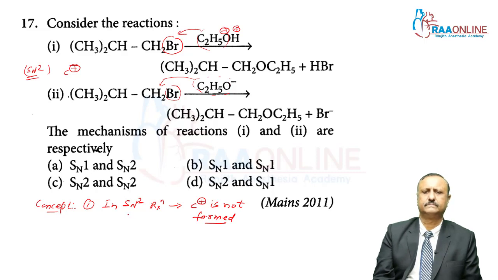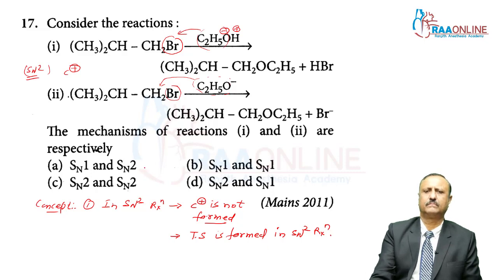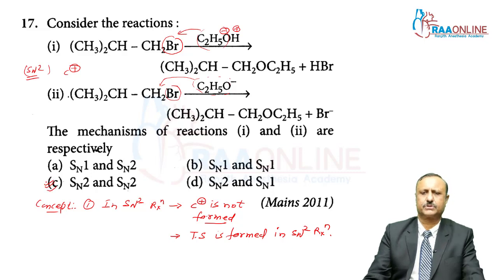Number 2, transition state is formed in SN2 reaction. So, my dear students, here transition state is formed. So, you can go to option C. C is the correct answer. Question number 17.